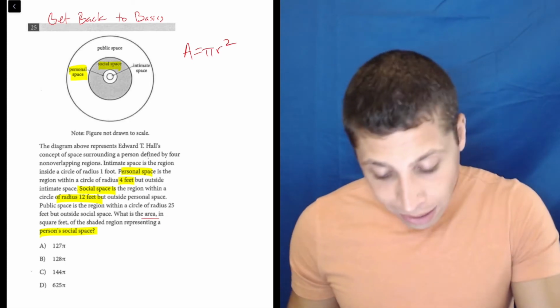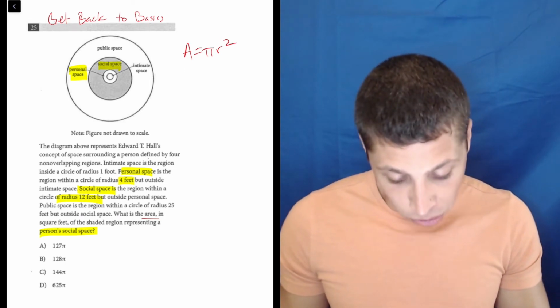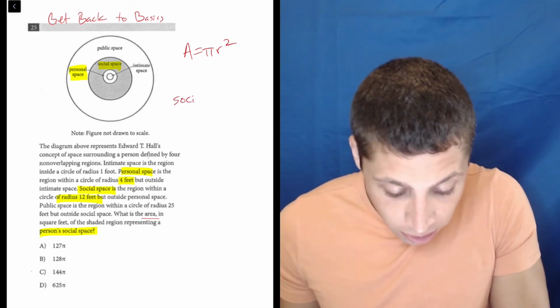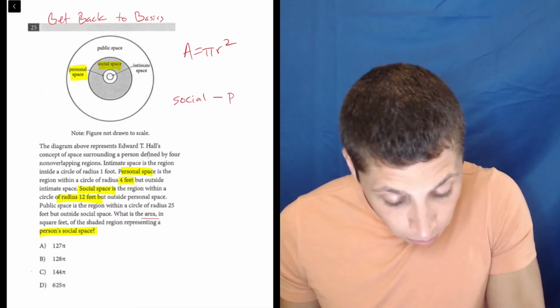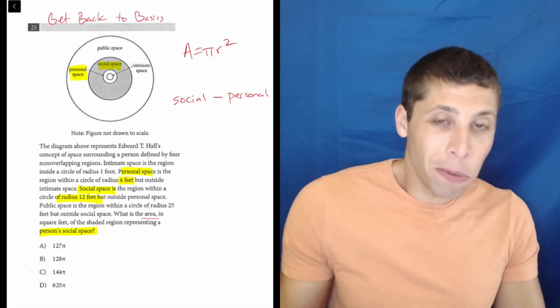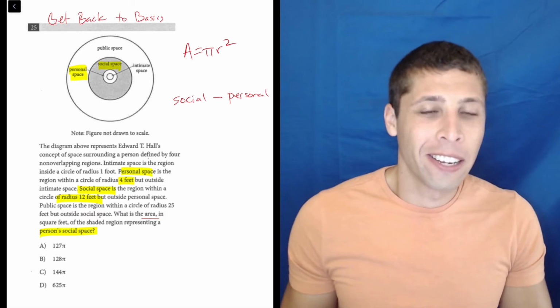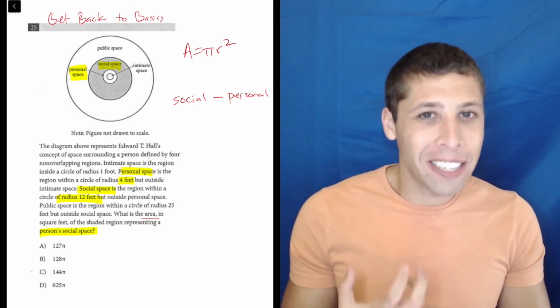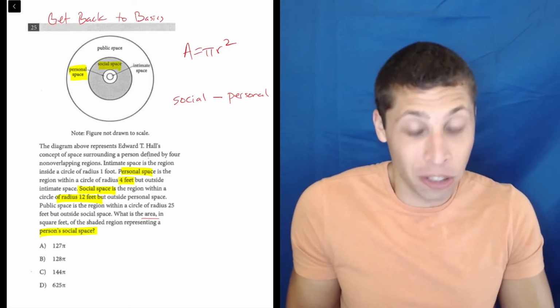So, let's just summarize very quickly what we're going to need to do. In order to get social space, we're going to need to find that area and then subtract out the area for personal space. And you might want to write this down. There's a lot going on here. I know you can hold this idea in your head, but there are so many mistakes possible by just choosing the wrong radius or whatever that it's helpful to just stay organized.